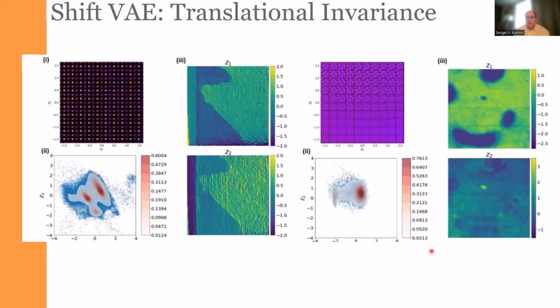So sometimes we get a pretty good result if we add the translational invariance. Again, these autoencoders require tuning, and it's a separate story what it takes to tune them. But once you've done it, it actually works remarkably well. Notice that if we add the translational invariance, the shift VAEs, in this case, our latent representations are nice.